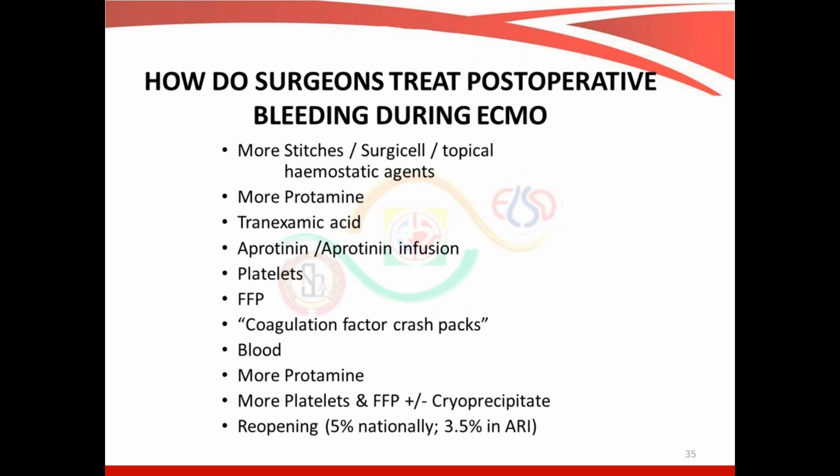In the previous days, it used to be aprotinin. Give more platelets, give more FFP. Coagulation factor crash packs are maintained in some ICUs, give more blood and more protamine, and this entire vicious cycle of trying to put so many blood products inside the patient that the patient ends up with a trolley kind of a situation.